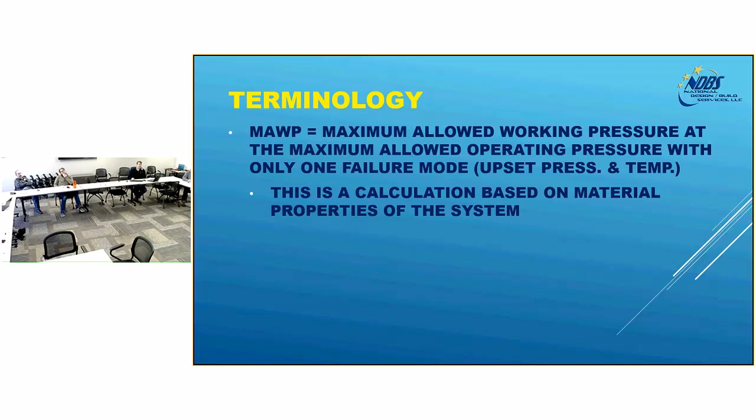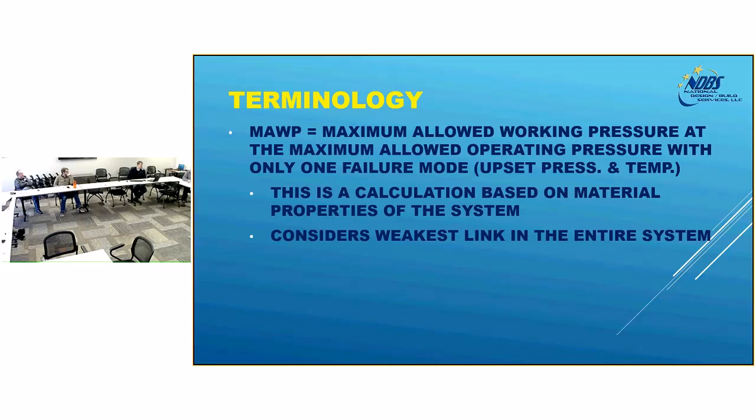It's again the fluid inside the pipe. So it's calculation, and when you're looking at your piping system, you have to look at your weakest link in the entire system. So an example might be if you have a piping system that's connected to a vessel, the vessel might be rated for 200 psi.